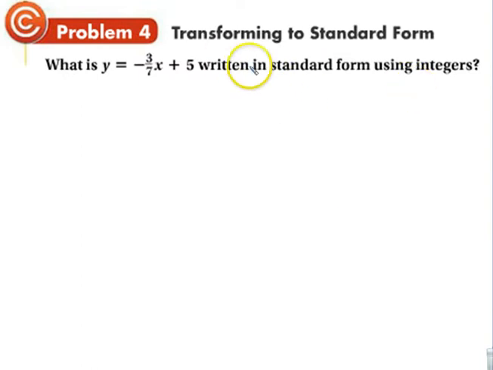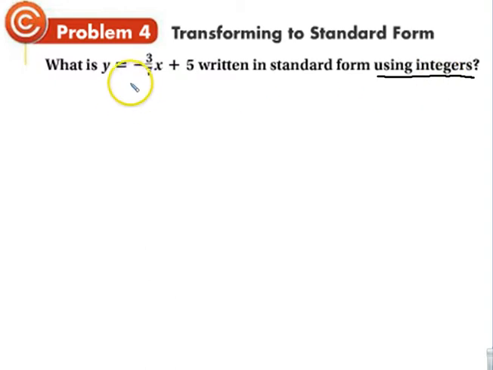All right. Changing something into standard form. What form is this? We're going to turn it from that into standard form. Standard form means that x and y have to be on the same side, but this set of directions gives us a specific truth.